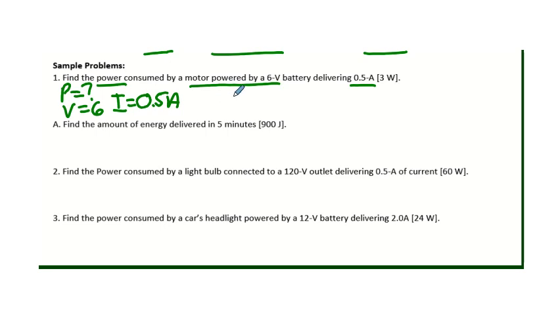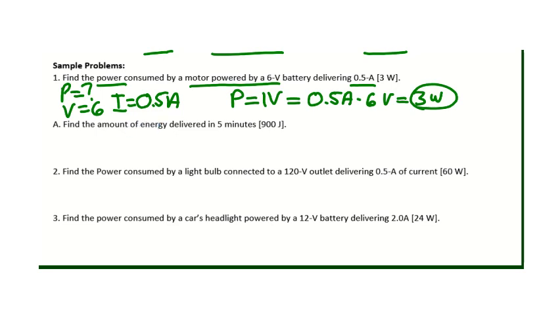So you can see we're going to use the power equation. P is equal to IV, and we're just going to plug it in. 0.5 amps times 6 volts. And when you multiply 0.5 times 6, you're going to get 3 watts, which is, of course, the answer.